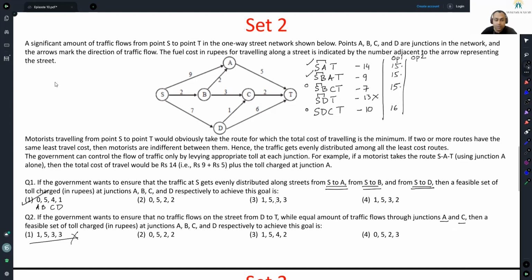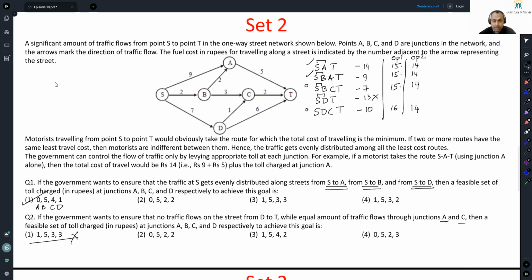Let us go to option 2, 0522. So 14, BCT, 7 more. 14 seems promising. Last one, 12. Sorry, not 12. Also 14. Also 14.